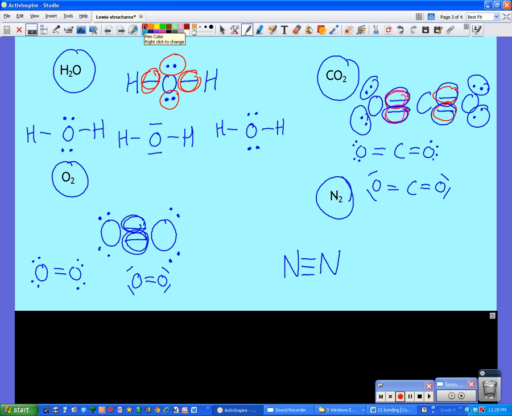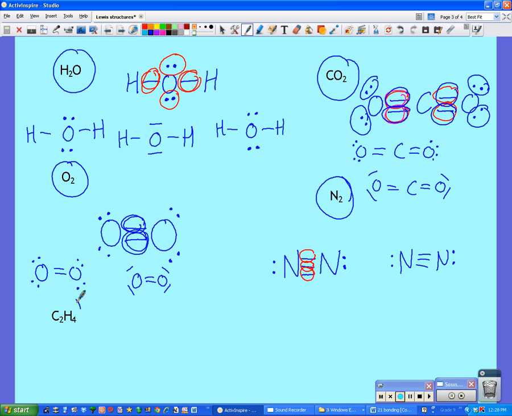That gives us 2, 4, 6 electrons, 7, 8 electrons. So nitrogen now, each nitrogen has got 8 electrons in its outer shell.